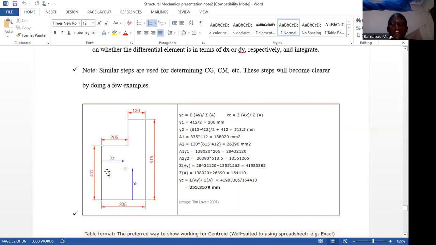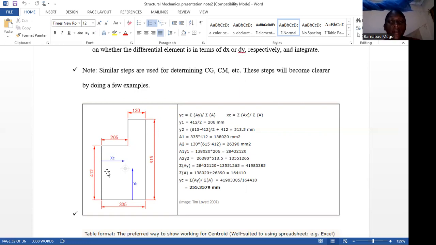Y1 is for the lower rectangle, and Y2 is for the upper rectangle. So Y1 is going to be given by 412 divided by 2, which is 206.